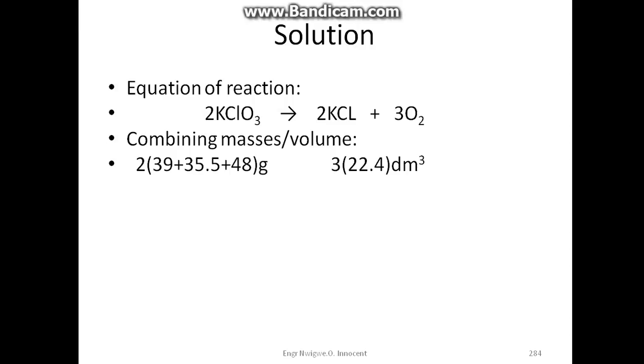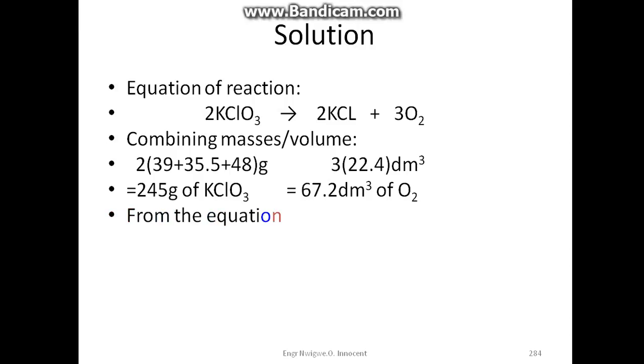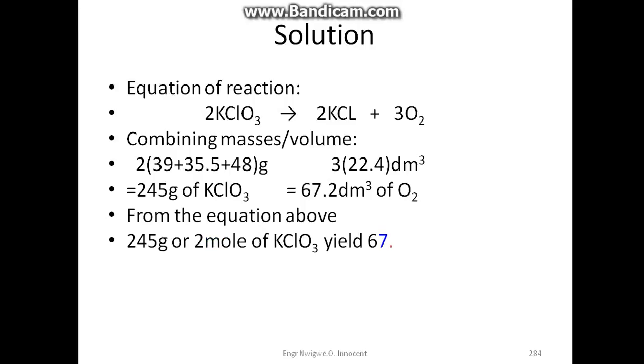will give 3 times 22.4 dm cube. This equals 245 grams of potassium tetraoxochlorate(V) will now give 67.2 dm cube of oxygen. From the equation above, 245 grams or 2 moles of potassium tetraoxochlorate(V) yield 67.2 dm cube of oxygen at STP.